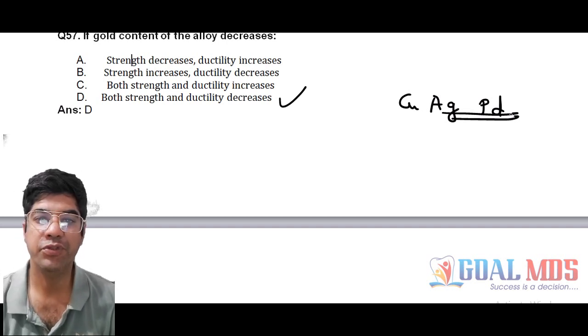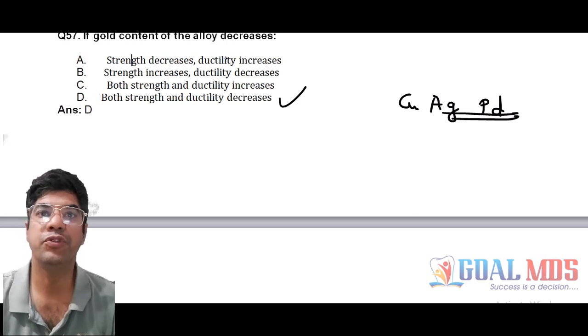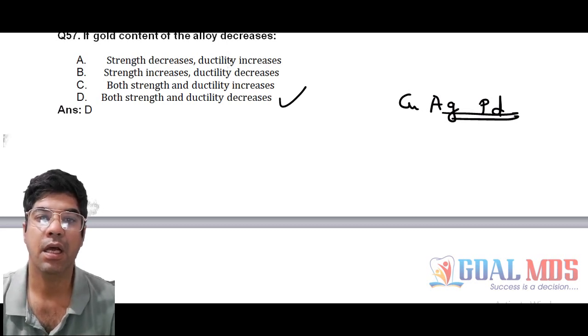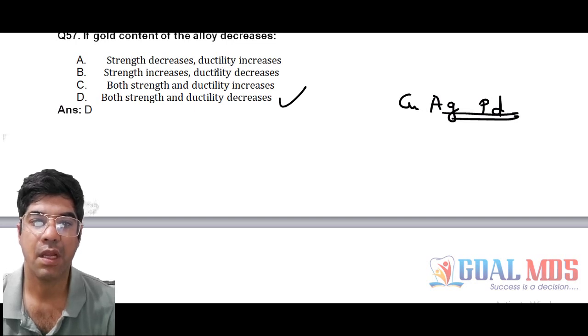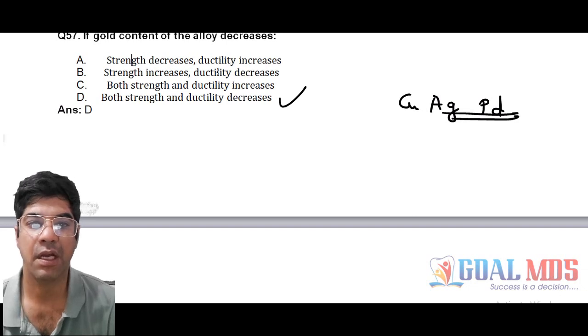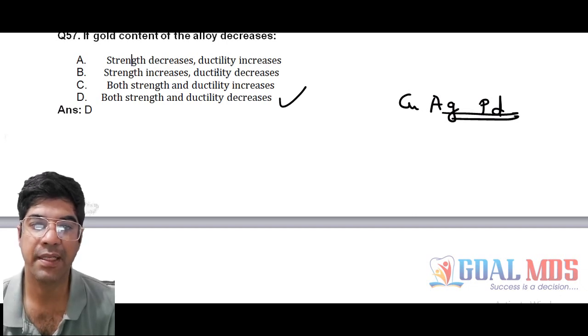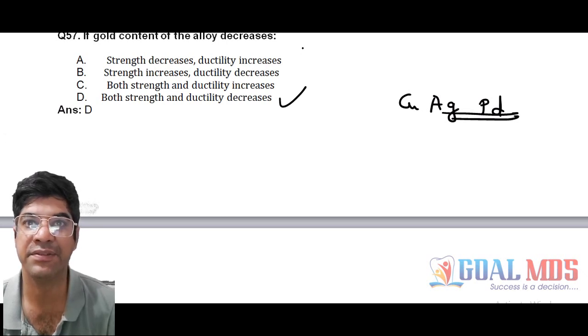So when you reduce the gold content and introduce the harder material like copper or silver, the overall strength increases. This is because these harder metals contribute to the alloy's ability to resist deformation and withstand forces.